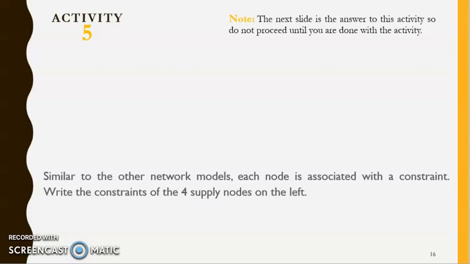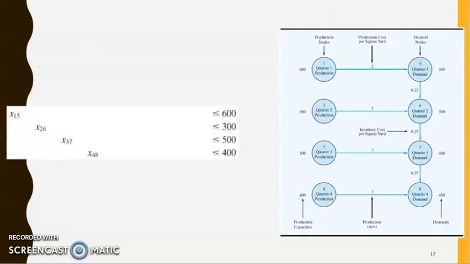Let's check the answer now. I'm sure you have found the answers much easier than the previous one. The reason is that for the supply points that we have regarding this example, as you can see here, for example, with Q1, there is only one outflow. It is not, for example, like the examples we had with the supply chain model, that one plant supports several distribution centers.